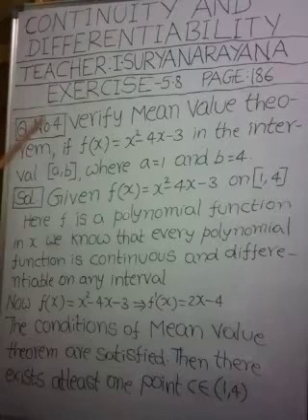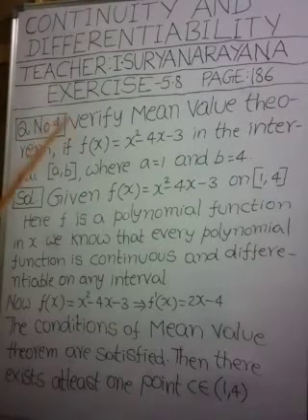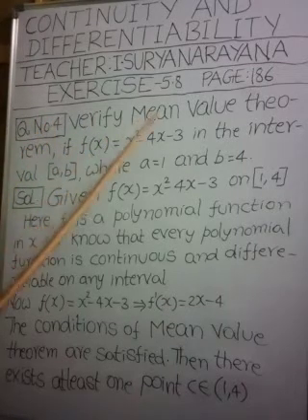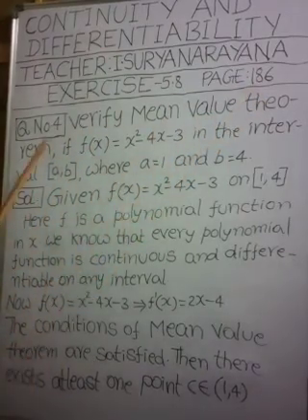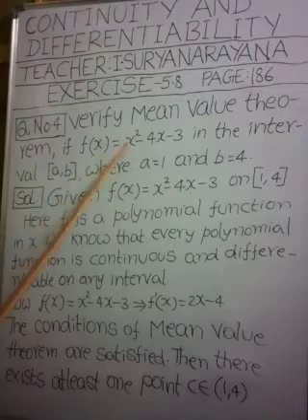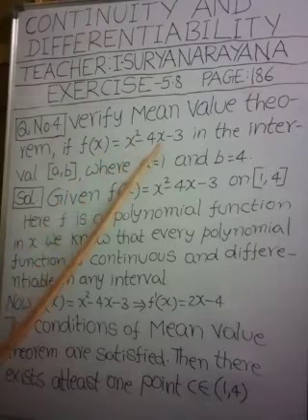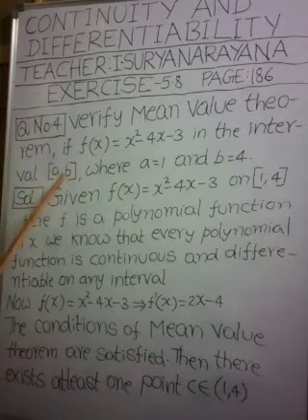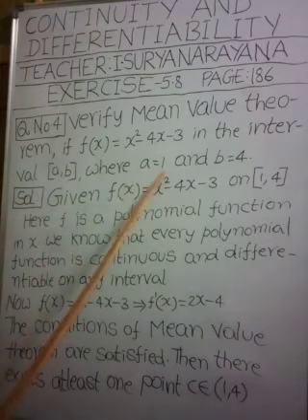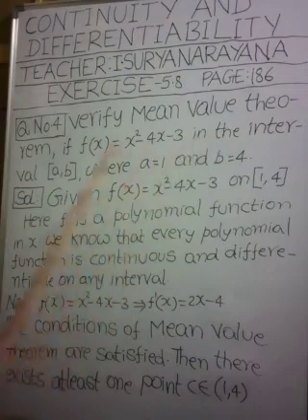Now come to question number 4. Verify the mean value theorem. If f of x is equal to x square minus 4x minus 3 in the closed interval a comma b, where a is equal to 1 and b is equal to 4.